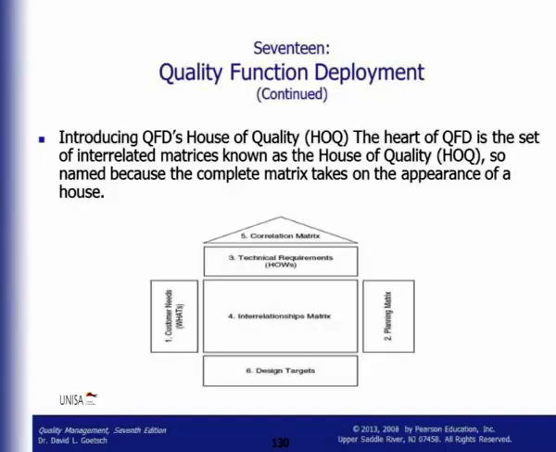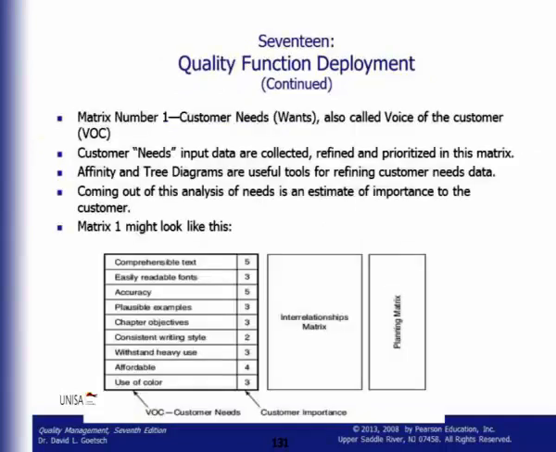Introducing QFD's House of Quality, HOQ. The heart of QFD is the set of interrelated matrices known as the House of Quality, so named because the complex matrix takes on the appearance of a house. Matrix number 1 is customer needs and wants, which is also called the voice of the customer.